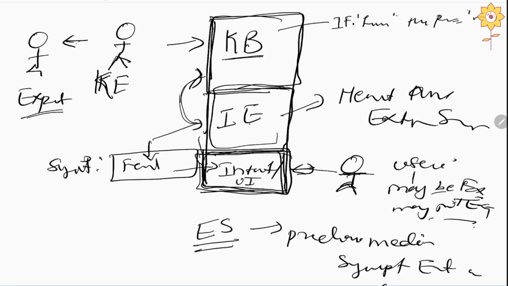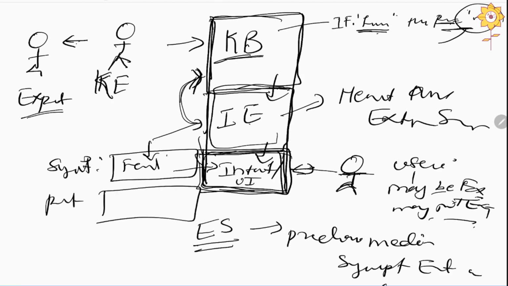So the inference engine will pass this data to the knowledge base, and from the knowledge base it will fetch the rule matching the symptom, collect the prescription, and paste it onto the prescription section available on the user's UI. This is how the entire system works.